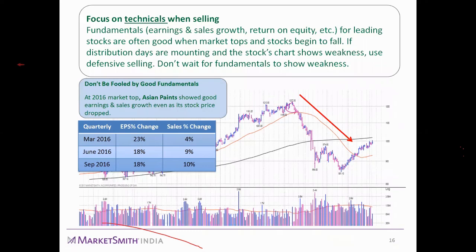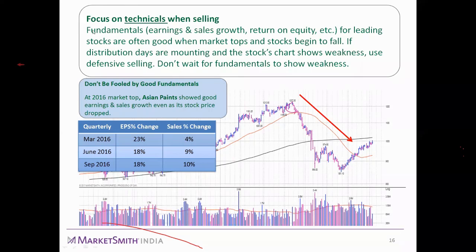So that 20% comes into play, and that 20% can sometimes make or break it, because you might have shortlisted a very good stock, but if you enter that fundamentally good stock at the wrong point of time, you might not get the actual benefit of that stock. That is why at MarketSmith India, we follow fundamentals and technicals, and we give importance to technicals because if you're taking positions based on technicals, you get a proper run of the stock. You get a share of that run.